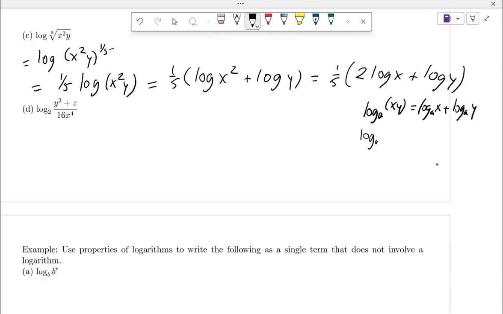So if it's a quotient, what does it turn into? Good. Quotients turn into differences. And if I have a power on the inside, what can I do with the power? Bring it in front. Good.